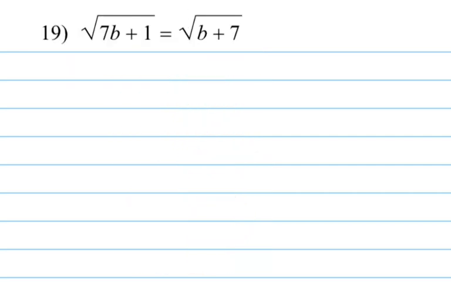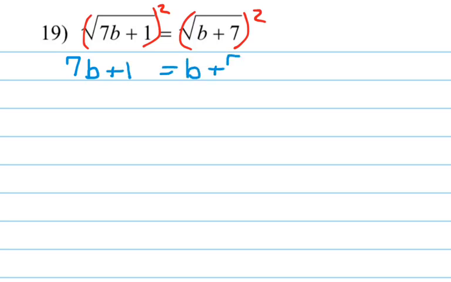Number 19. There's a square root on both sides. So that means that I start with squaring to cancel out my radicals. 7b plus 1 is equal to b plus 7. Now get my like terms on the same side.